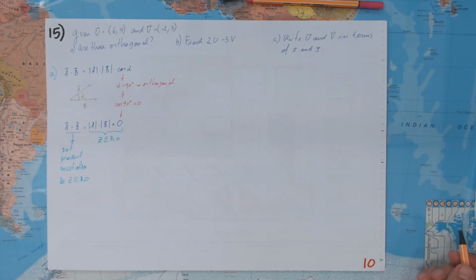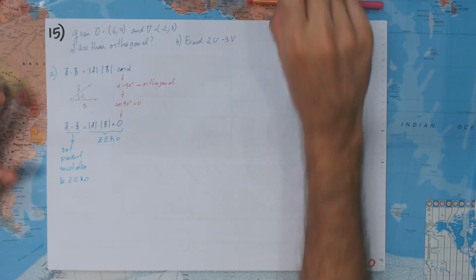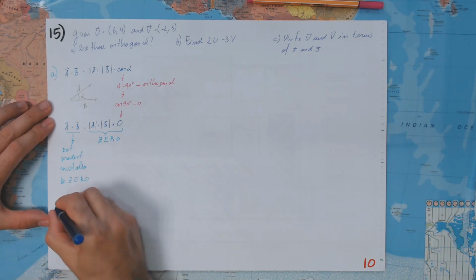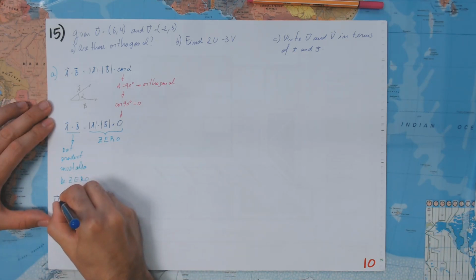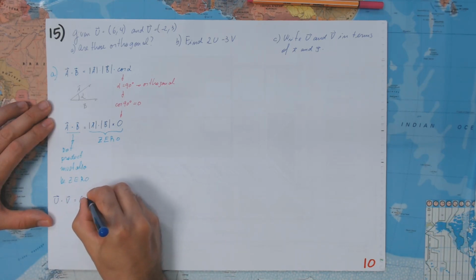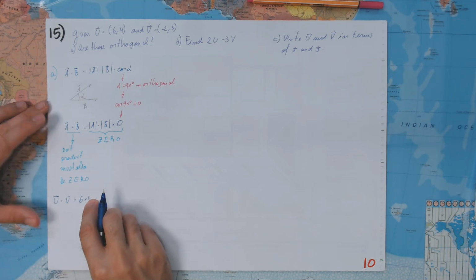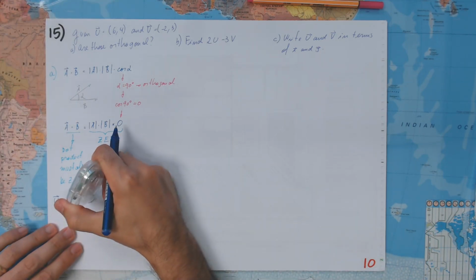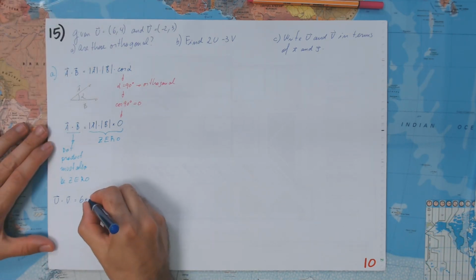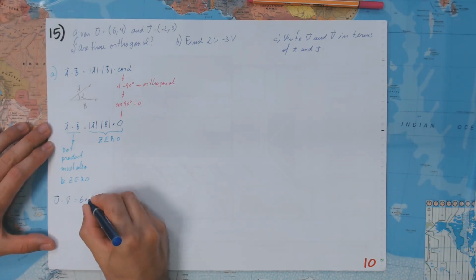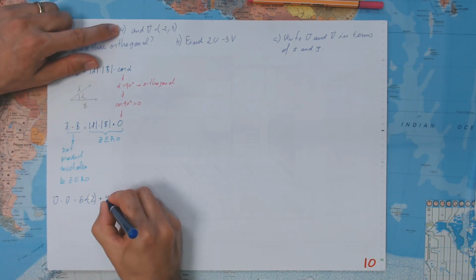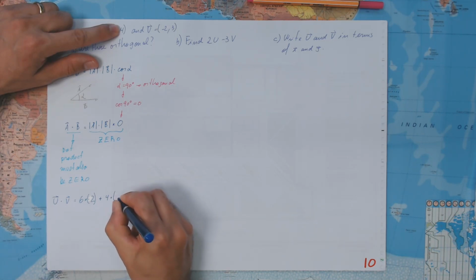Okay, so are those orthogonal? Well, let's see the dot product. Now let's actually solve. U scalar V. This is going to be what? 6 times minus 2. Okay, I'm sorry, let's just correct in here. 6 times minus 2, the x components, plus the y components, 4 times 3.